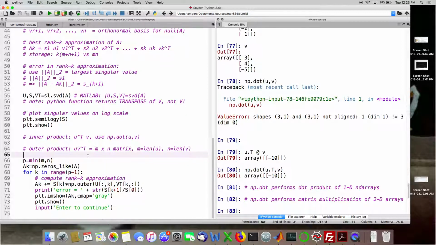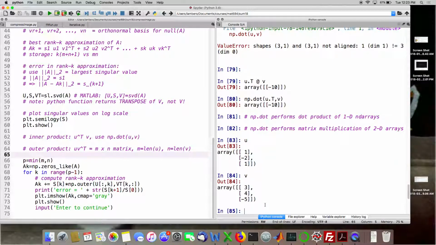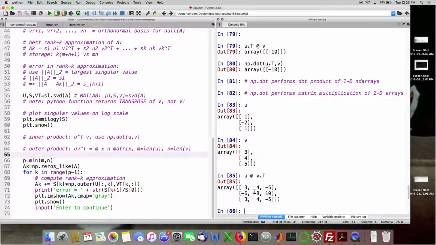So here I have my vectors U and V. I did U transpose V earlier. If I do U @ V transpose, that is an outer product. So that's one way to do that.